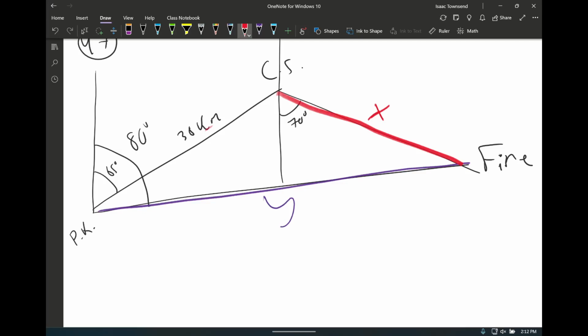And then to find this side X, I'm going to need to know its opposite angle, which is not a problem, because if this whole thing's 80 and this is 65, then we know this much of it is 15, so that's not too much of an issue. But when I want to solve for Y, I'm going to need its opposite angle, and I only know part of its angle. So it all boils down to, you don't know enough about the angles, so you need to know more about angles, and really the only one that you can get easily is this 15 degrees.